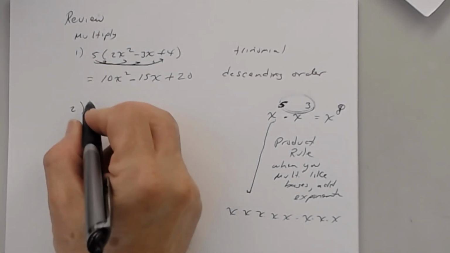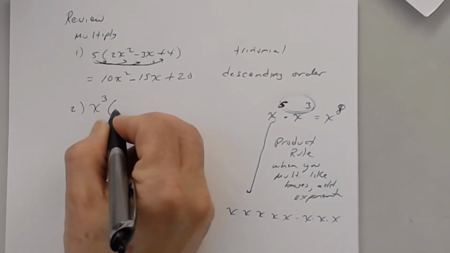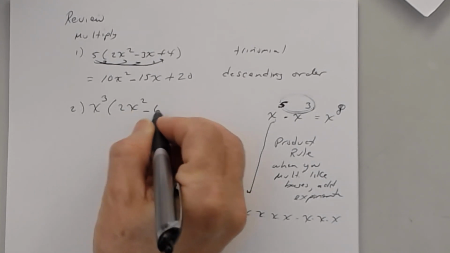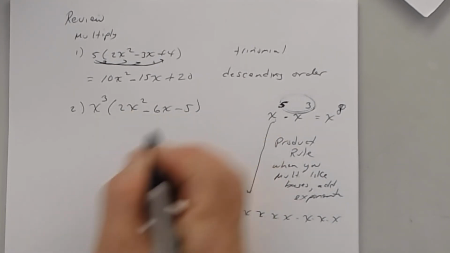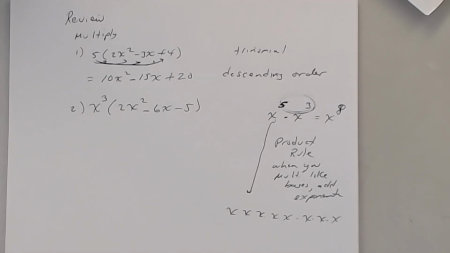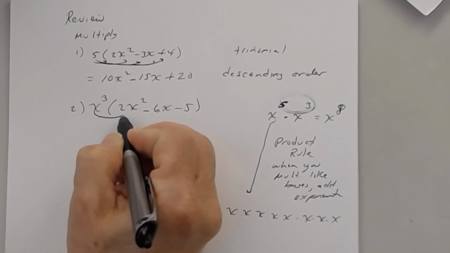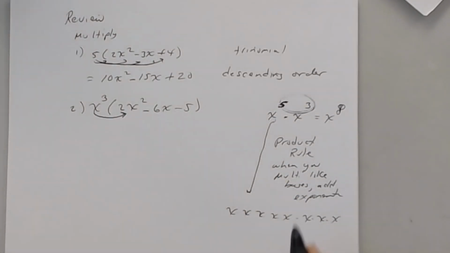Suppose you had x cubed times 2x squared minus 6x minus 5. If I want to multiply this out, first of all, do I have a monomial on the outside? Yes. So I can use what property? Distributive property.